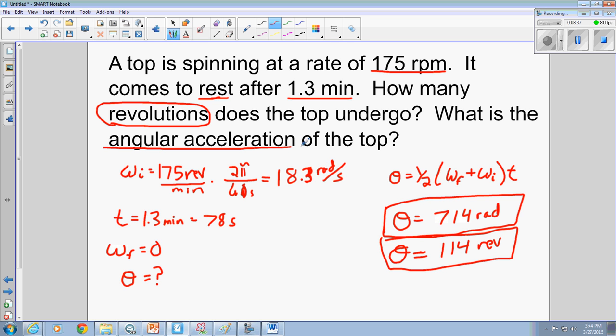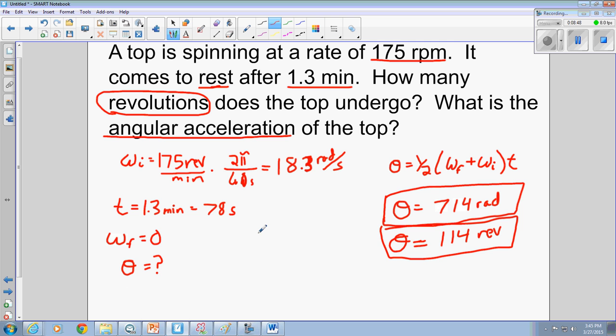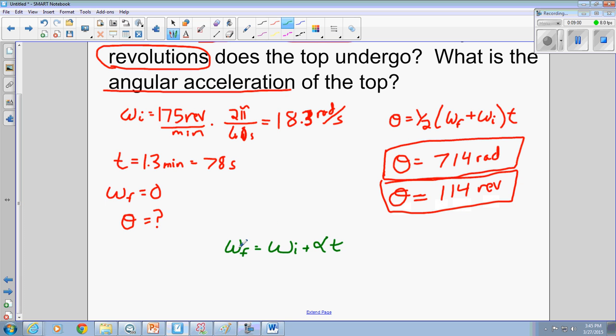So if we want to figure out what the angular acceleration is, well, now I know 4 properties of angular kinematics. Therefore, I can use any equation I want to find angular acceleration. Let's use the easiest one. Final angular velocity is equal to initial plus angular acceleration times time.